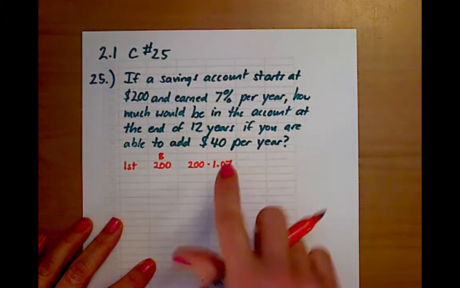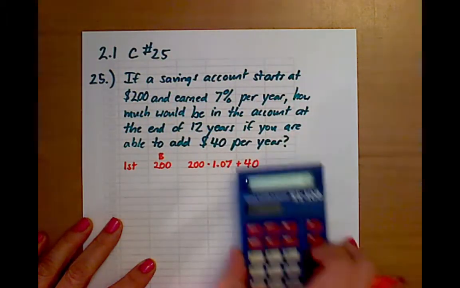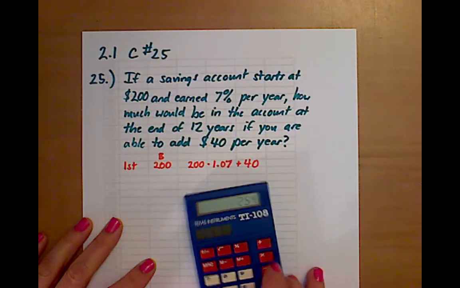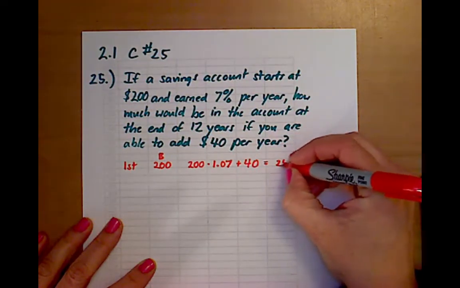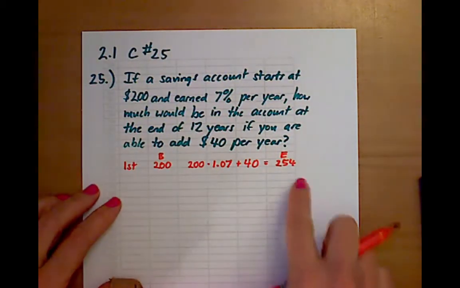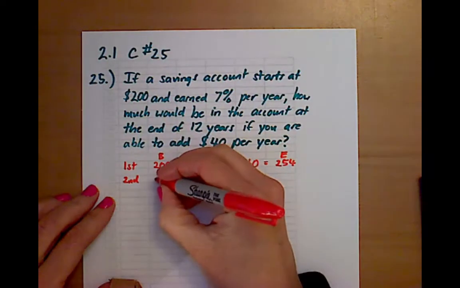200 plus 7%, and then we're going to add on $40. Okay? So we have 200 times 1.07 plus 40 gives us 254. And that's what we have at the end of the year. Okay? So in our second year, we're going to start out with $254.